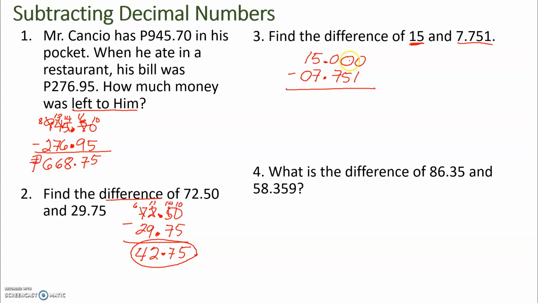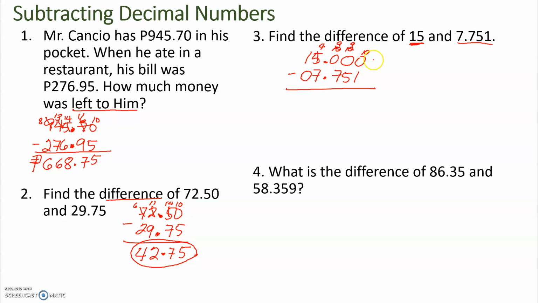Borrow from here which has nothing, borrow from here which has nothing. So ito na pwedeng magpa-borrow sa kanya. This becomes 4 and this becomes 10. So this can already borrow from here because it has already a value. So 10 here becomes 9 and this becomes 10. And this also can borrow from here because it has already a value, which is 10. So this becomes 9 and this becomes 10.